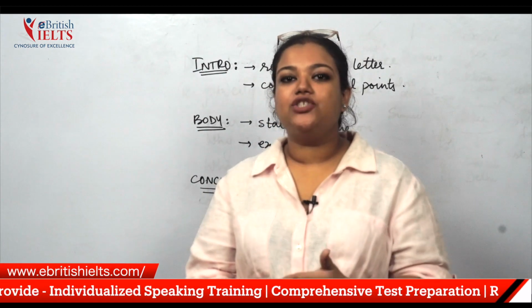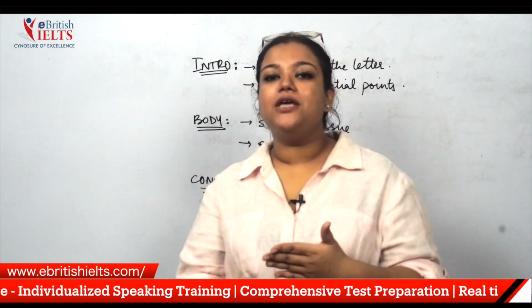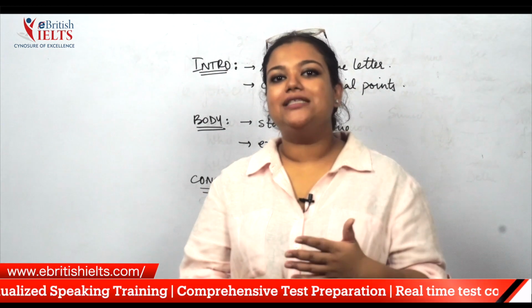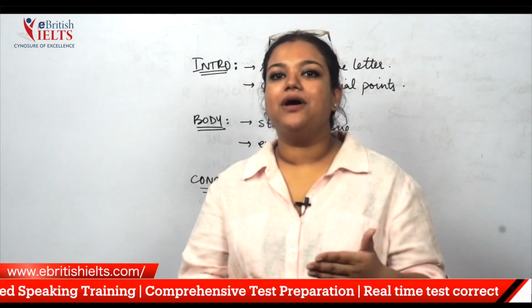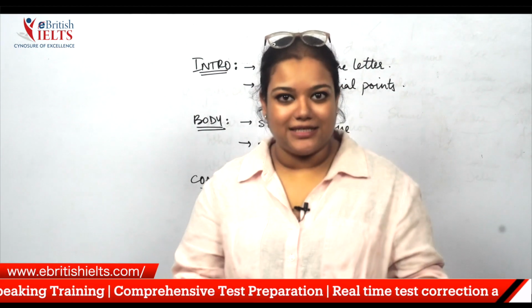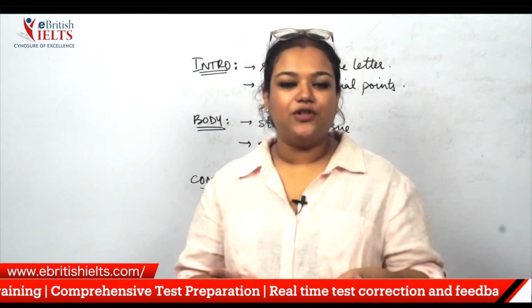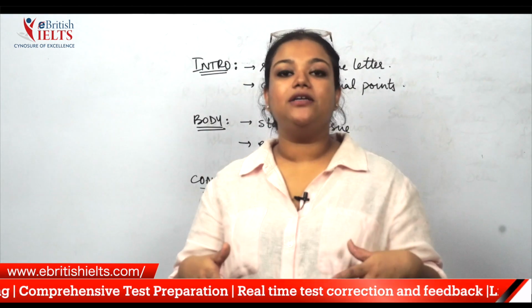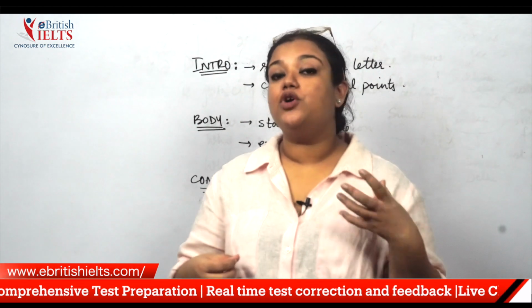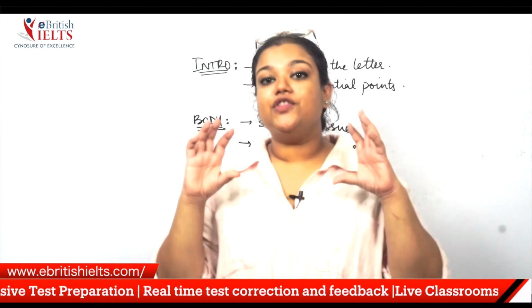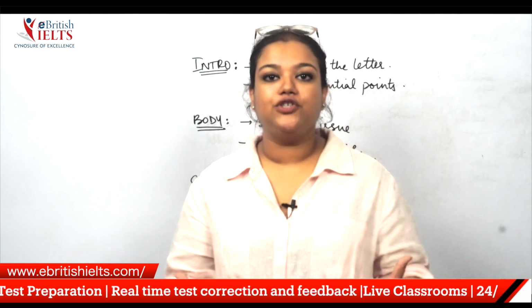I am writing this to inform you that I will not be able to come to London on the 28th of October as something urgent has come up in my family. That's it. That is how you will write your introduction. Leave a bit of mystery for the body paragraph. Let the body paragraph continue and convey whatever the problem is, why you can't make it to Jim's place, right? So that's how your introduction is supposed to be written.